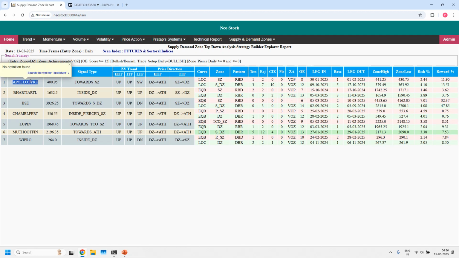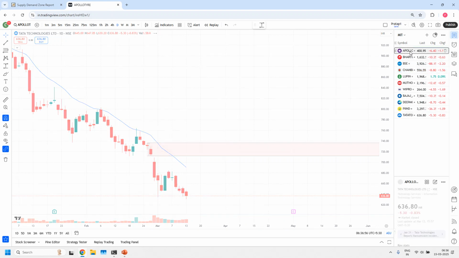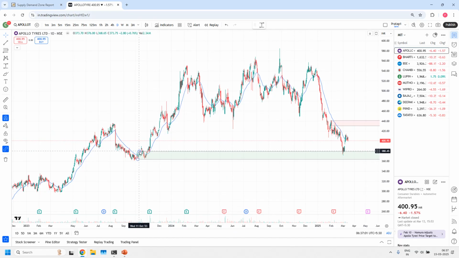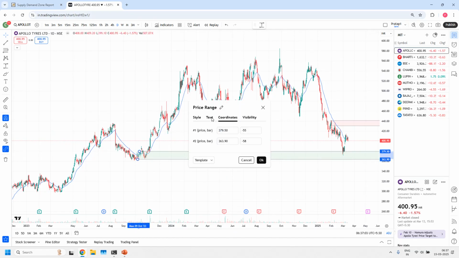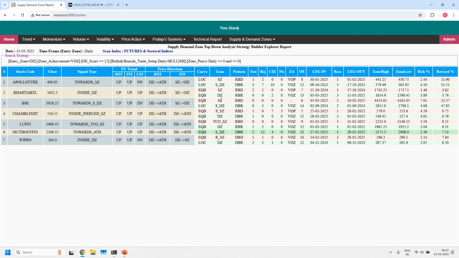One is Apollo Tyre, the first one. This demand zone of Apollo Tyre, let me add the text. This is a daily. Maybe in future we may forget, right? That's why I'm adding the text. So what is the next high liquidity zone here? BSE.